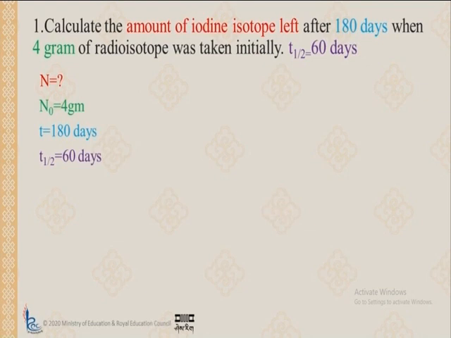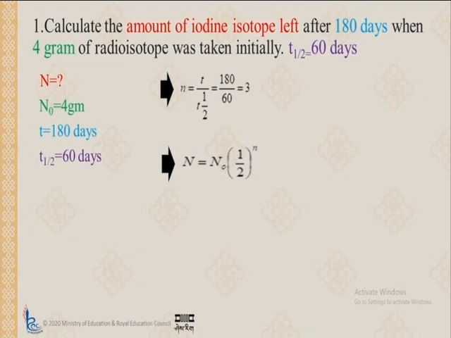So, we have all the information, we just need to substitute in the formula. The formula is N is equal to N naught times 1 by 2 raised to the power n. Before substituting in this equation, we have to find n. So, what is n? T divided by T half. T we have 180 days and T half is 60 days. So, when we calculate we get 3.